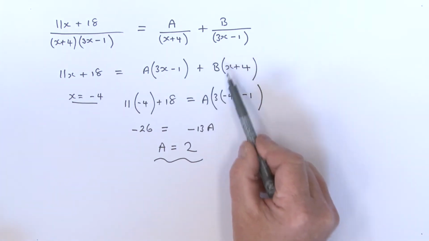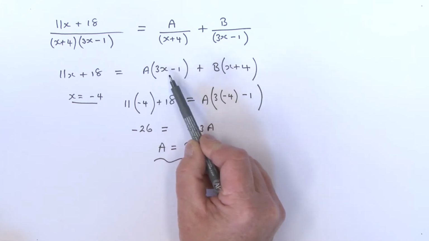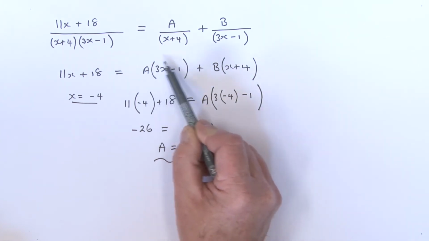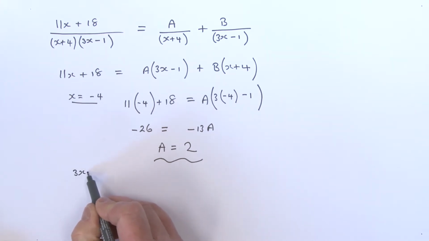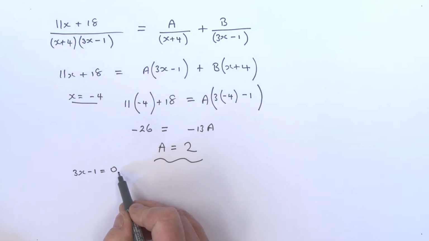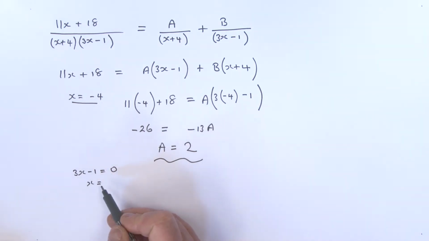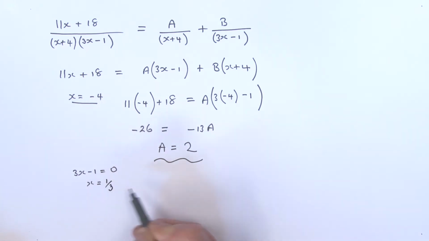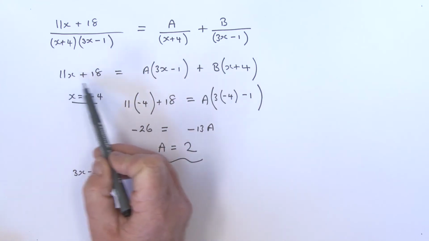So finding b over here, we need to zero this term. So how do we do that? Well, we've got to come up with a value of x that makes this term equal to 0. So let's just do that over here. 3x minus 1 has to be equal to 0. So what is our value of x? Take the 1 to the other side, we get x is equal to 1 over 3. All right, so we're going to put that information now into this equation here.